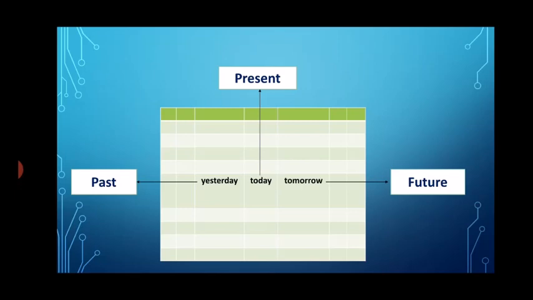Okay. So time is divided into past, present, and future. Isn't it interesting? And isn't it simple also? Come on, now let's see which words we use when we talk about the past, the present, and the future.